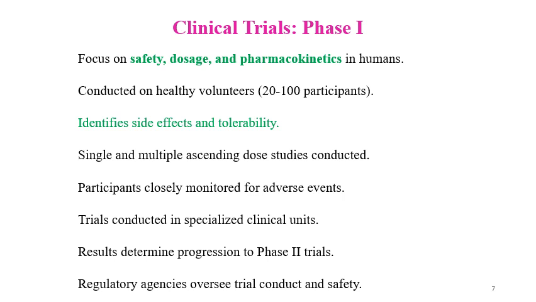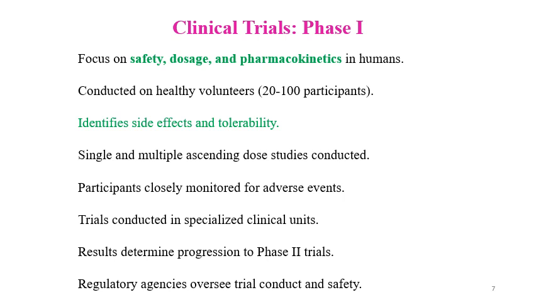This is done to identify side effects and tolerability. Single and multiple ascending dose studies are conducted, and participants are closely monitored for adverse events and pharmacokinetics. A dose is selected which will be effective and not toxic. So this is also the aim of phase 1 trials.